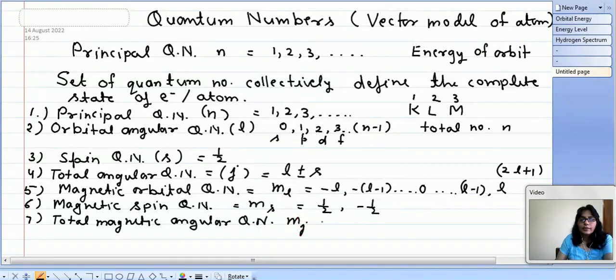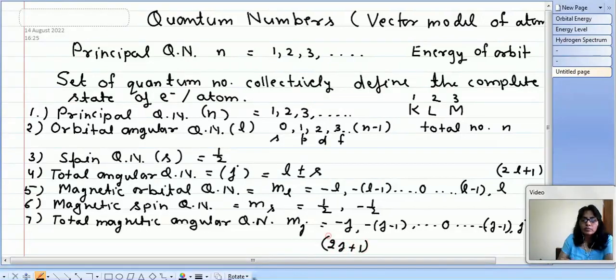So mj can take similar values as ml, that is from minus j, and then with a difference of 1 it will be minus j plus 1, and then there will be 0, and then there will be j minus 1, and then j. So if j value is, let us say, 2, then it will be minus 2, minus 1, 0, 1 and 2. And again the total number will be 2j plus 1. So these are the various quantum numbers.